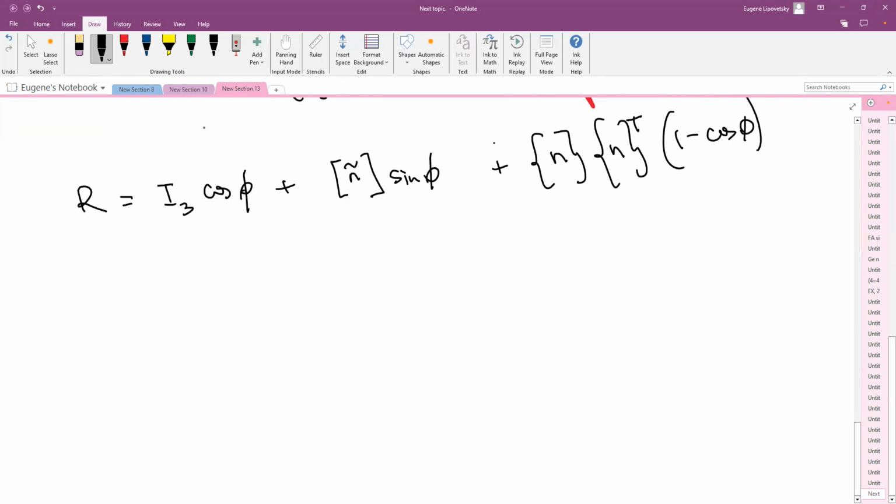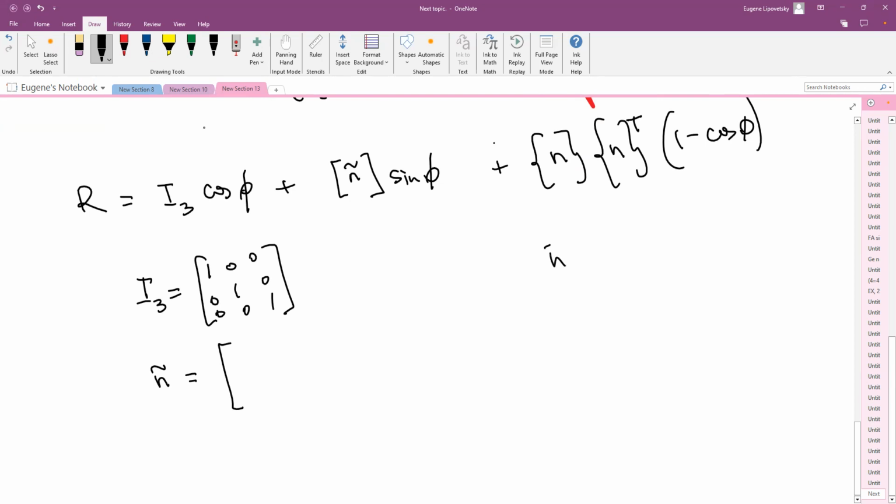Let's figure out all these pieces. I3 is easy, it's the identity matrix. The n tilde is the one that is equivalent to rotation.